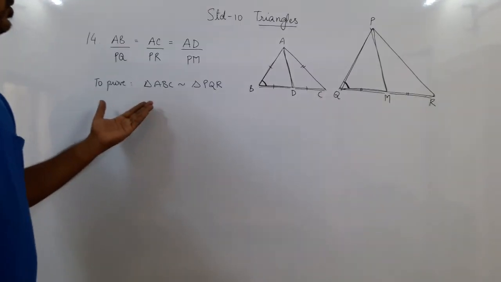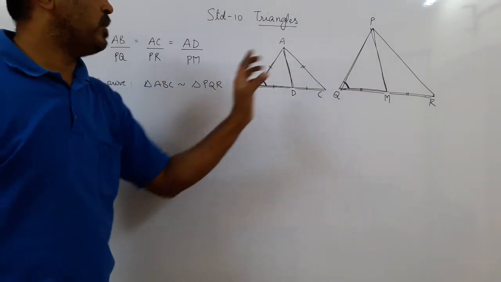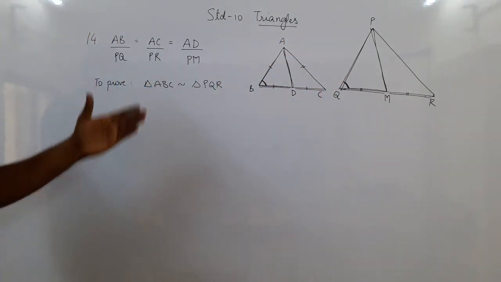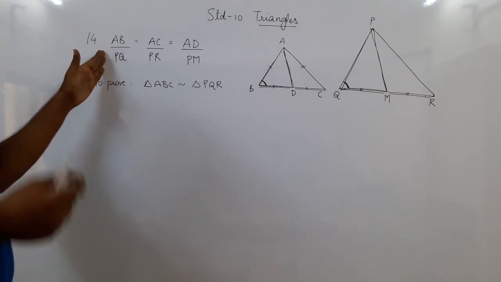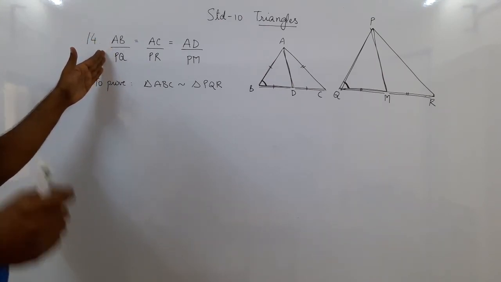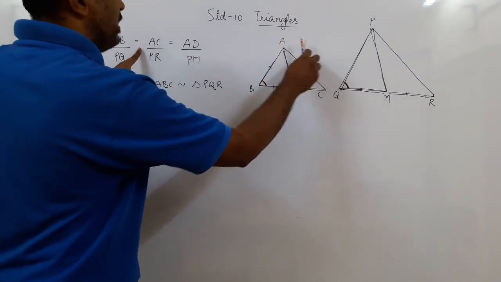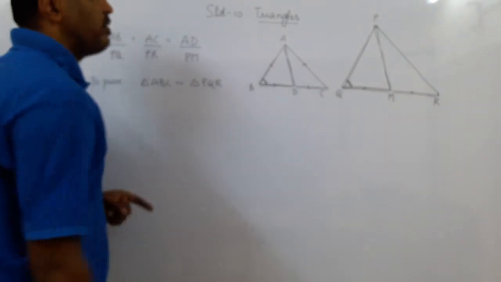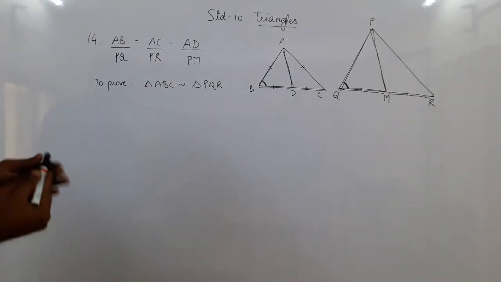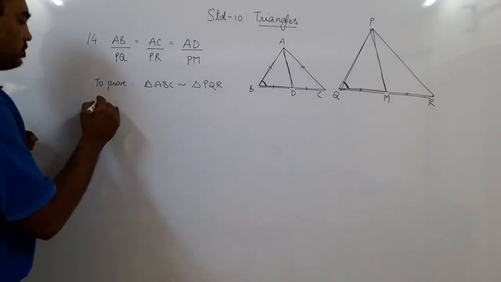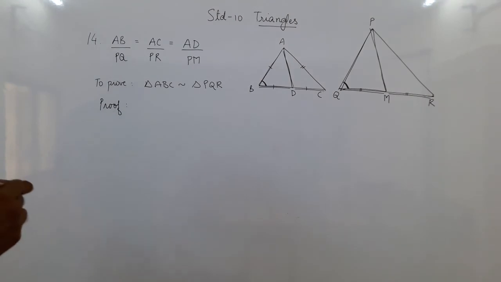So first we have to choose which triangles to take here. We have to show ABC is similar to PQR, but with this ratio of three sides, we cannot use SSS here. In SSS, they are supposed to be the sides of a triangle. AB, AC and AD do not make a triangle. So this sum is of a slightly different type, and the proof will be a little different.